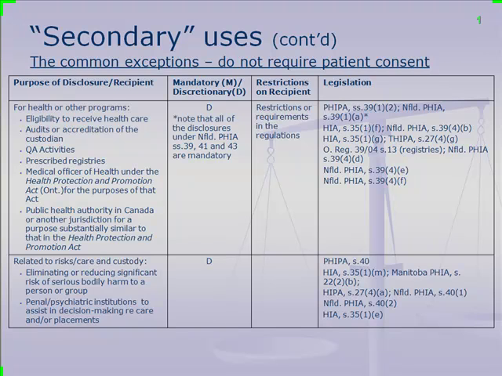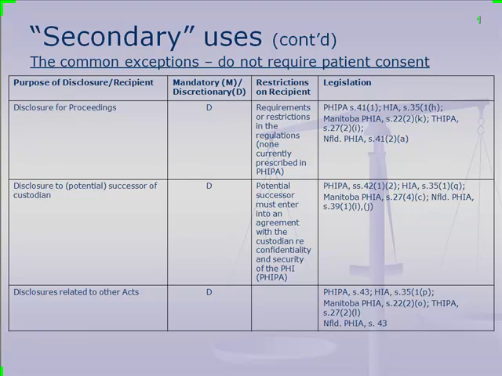And what you'll see in the other two columns, you'll see mandatory or discretionary. That relates to what we talked about before. Whether there were any restrictions on the recipient and the legislative references.